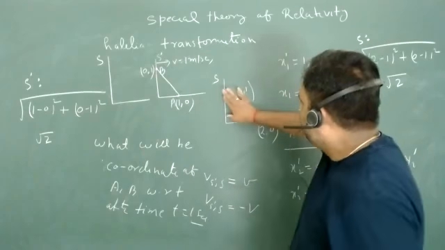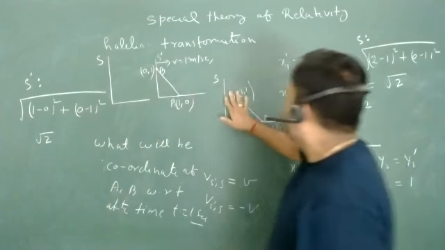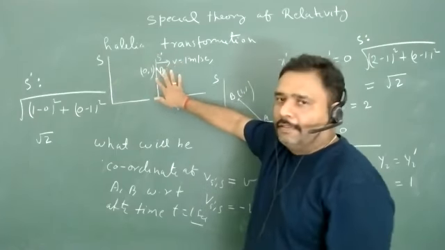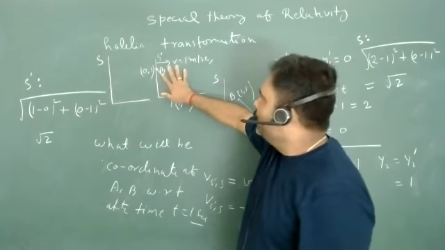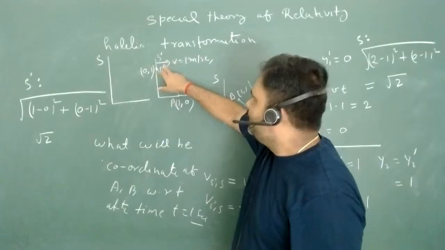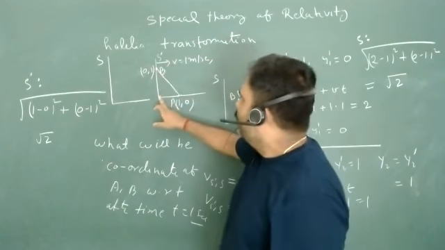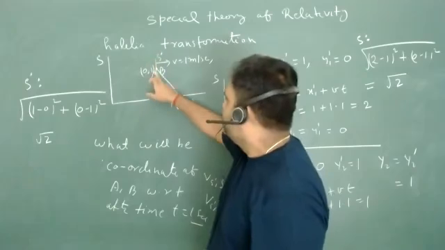Even if the point appears entirely differently from the S frame and the S dash frame, with respect to S dash the point A is along the x-axis and the point B is along the y-axis.